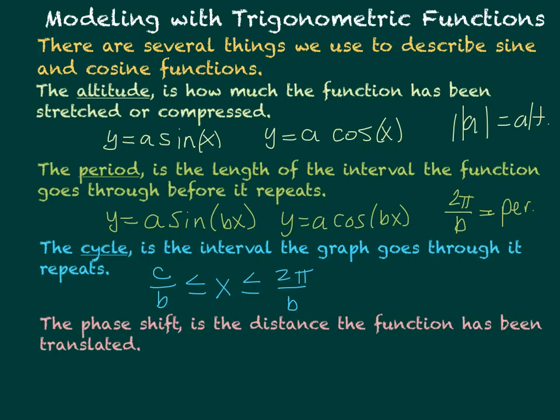The last thing we can do is a phase shift. The phase shift is the distance the function has been translated, left or right, or up or down if it's added on the outside.